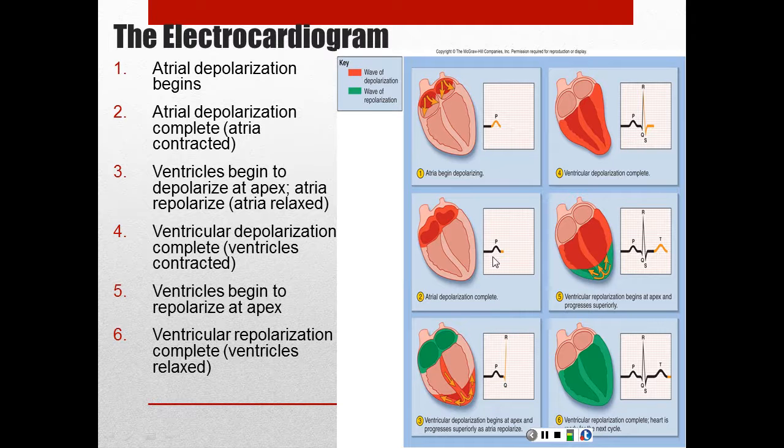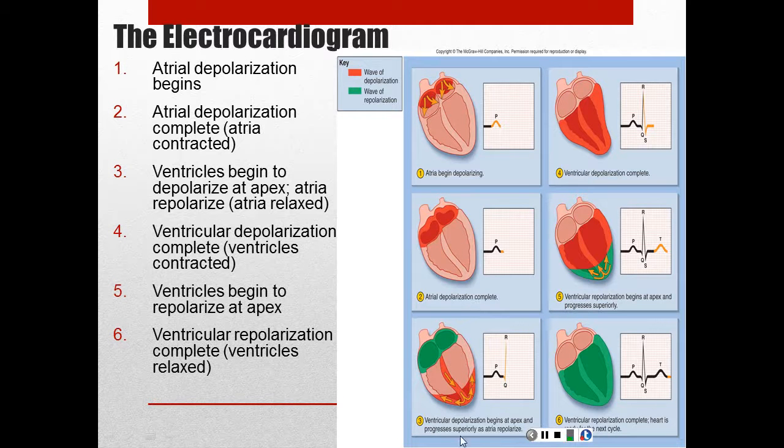In 2, the atrial depolarization completes. So you see here what's happening. The SA node is firing to both of the atria to the AV node. So now we're having the filling. Now it is filled. This is our depolarization complete.